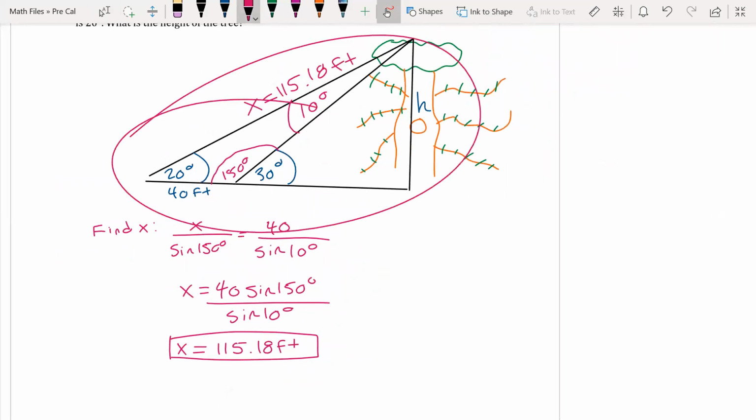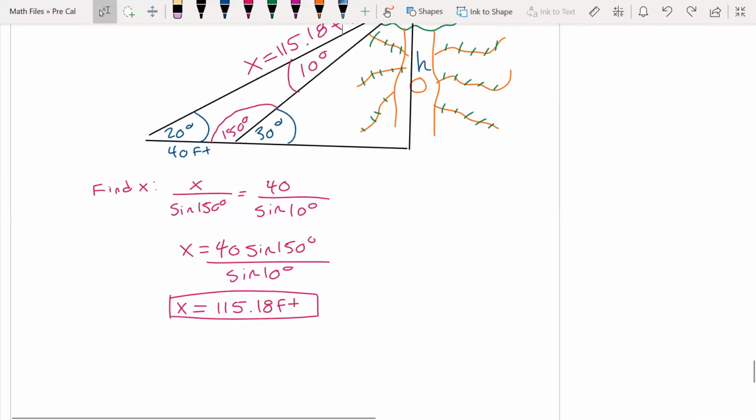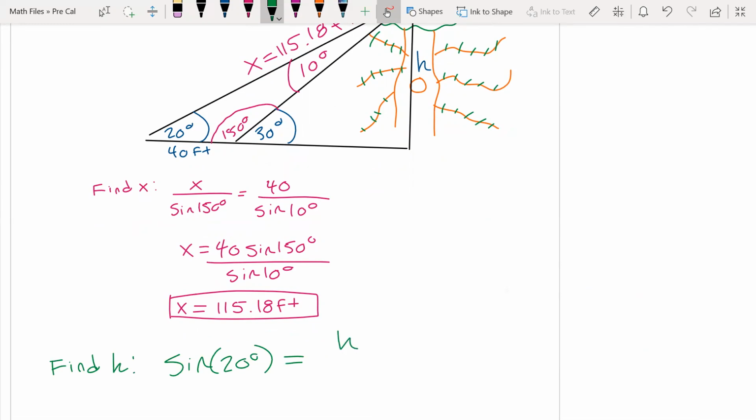And now you look at the bigger triangle and we apply the sine function. So find height. Sine of 20 degrees is going to be h over 115.18 feet.